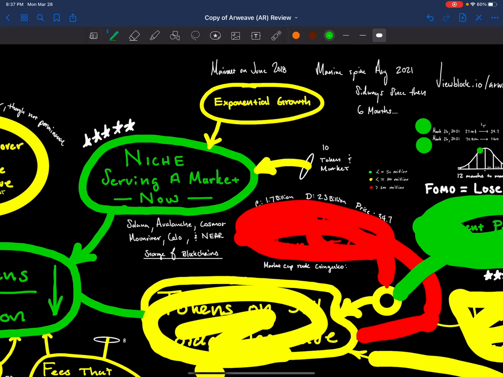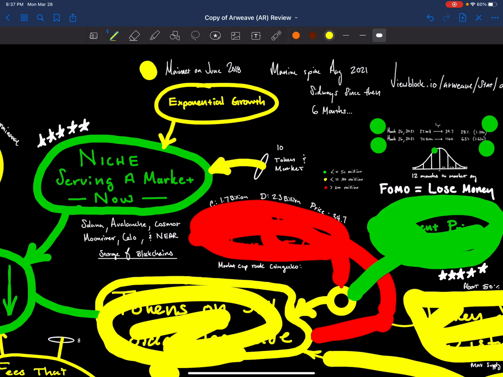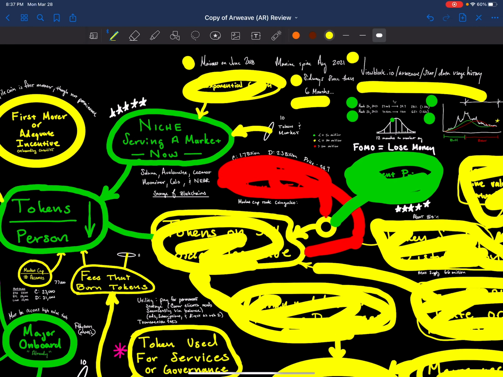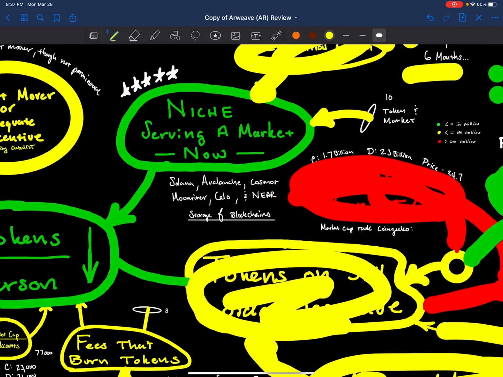Regarding exponential growth, the project mainnet went live in June 2018, there was a massive spike in August 2021, and it's been sideways for about 6 months, and you can get that data here. So I didn't put exponential growth, but it does have a live niche by servicing Solana, Avalanche, Cosmos, Moonriver, Celo, and Near.